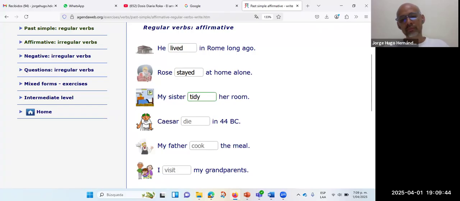This one, tidy. Please write in the chat the past of this verb. Tidy, what is the simple past of this verb? Anyone knows?